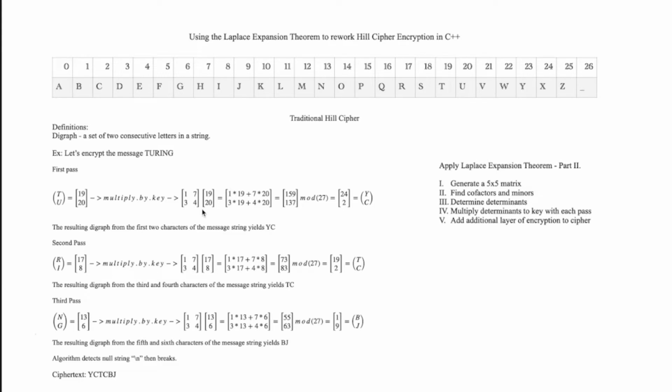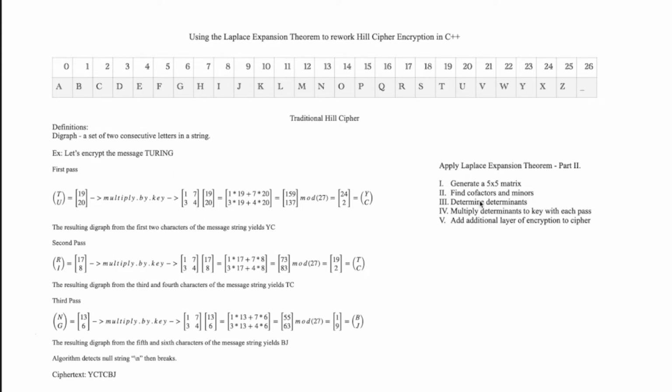Our key will multiply with our vector, which is going to be our digraph, or even our trigraph, depending on our arrays. We can use 3 letters, but let's go by 2.